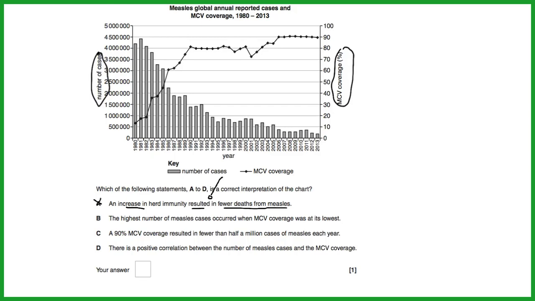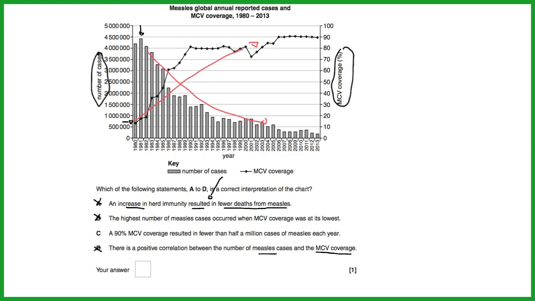While the highest number of cases is in 1981, that is not when there's the lowest coverage, because the lowest coverage is in 1980, so that's incorrect. D: there's a positive correlation between the number of measles cases and the MCV coverage. Well, there isn't. There's a negative correlation, because as you increase the coverage, the number of measles cases falls. So there's not a positive correlation.